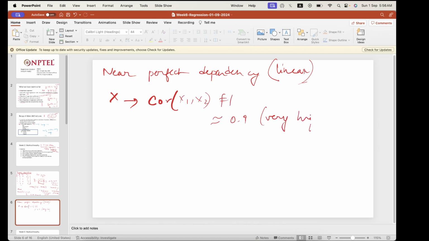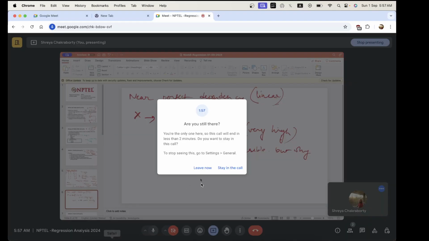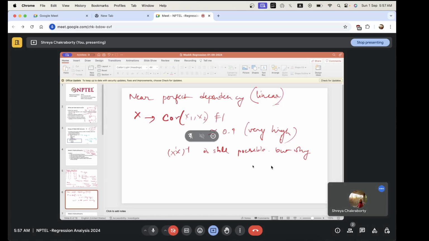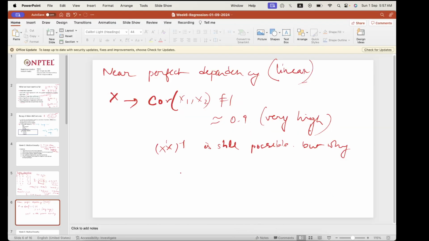In this case (X transpose X) inverse is still possible, but why don't we do it?